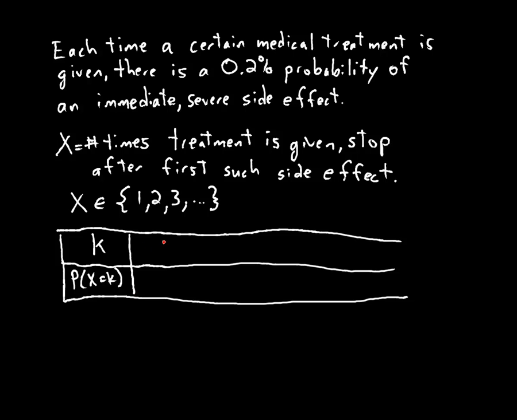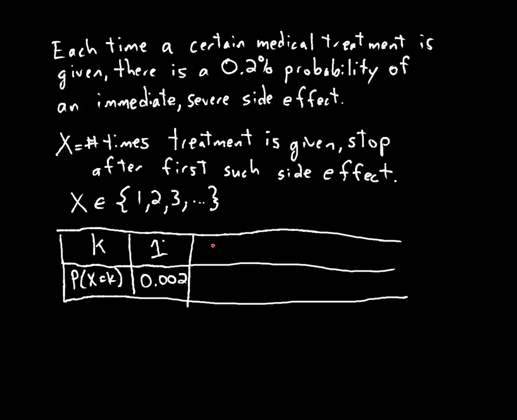Then my first possible value is 1. Okay, now what's the probability that x is 1? That's the probability that the treatment is given one time and I stop after the first such side effect. Well, that means that I had the side effect on the first try. And the probability of that happening is 0.2%, in other words 0.002.